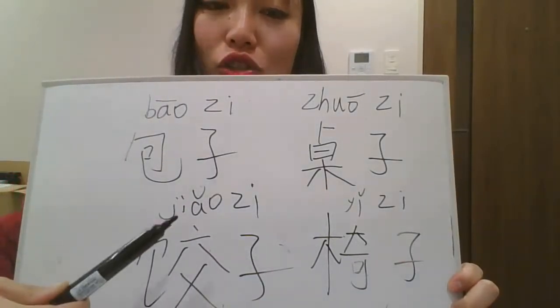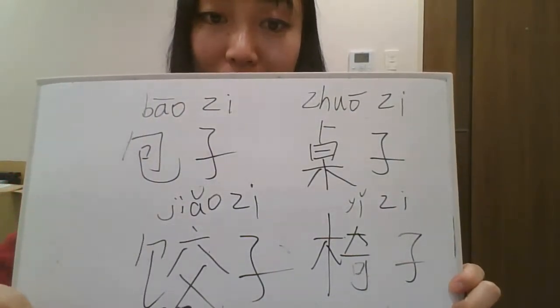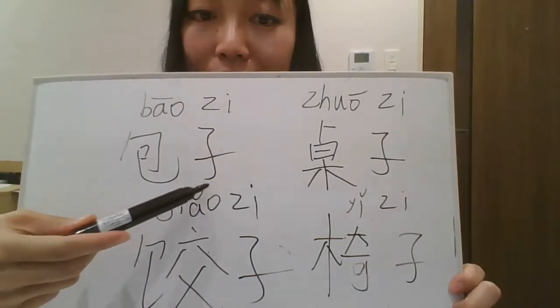So in Chinese, 100% if something has 子, it's a noun.